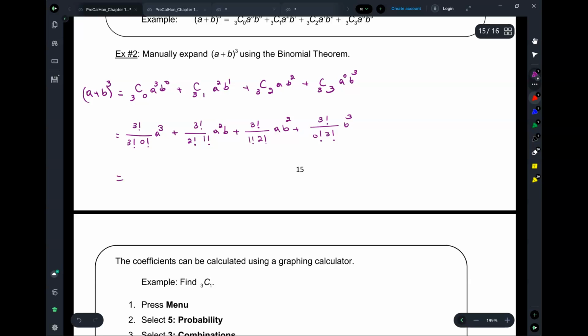So this is just going to be 1 a cubed, plus 3 factorial is 6 over 2, that's 3, a squared b, plus 6 over 2, 3, ab squared, plus just 1, b cubed. So there you have it.